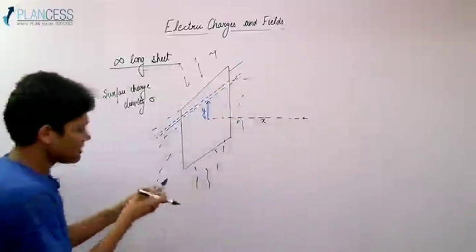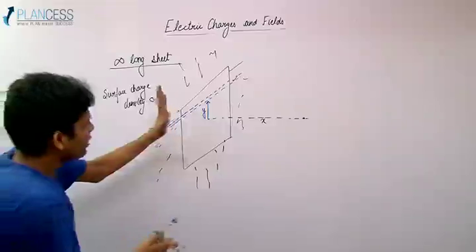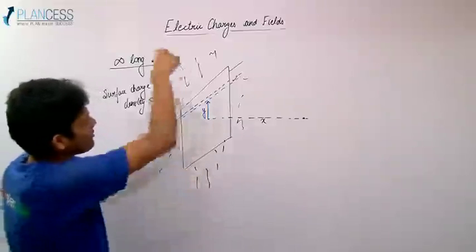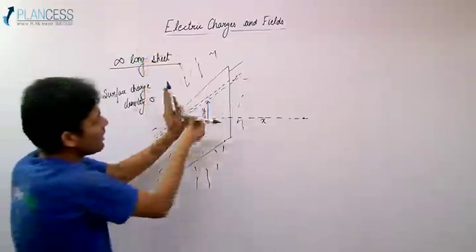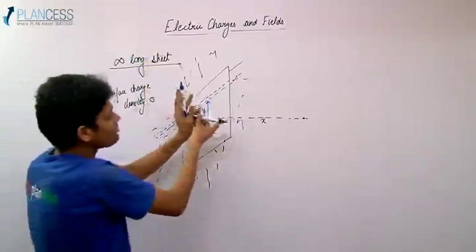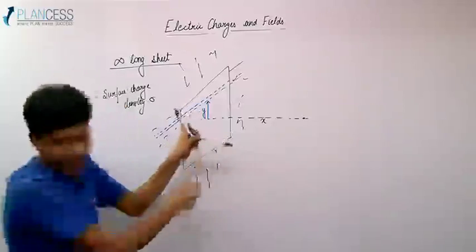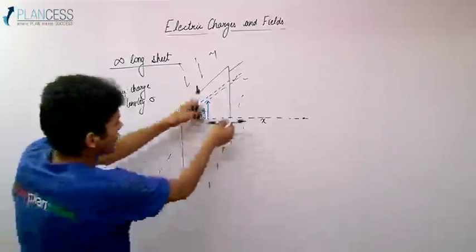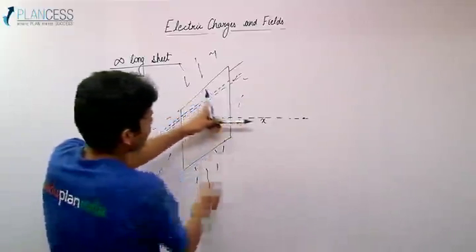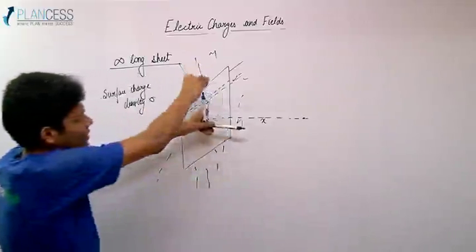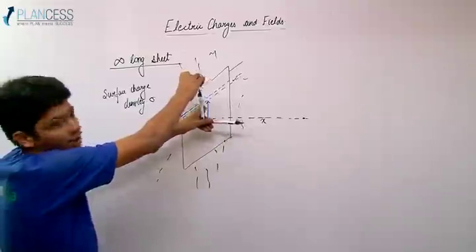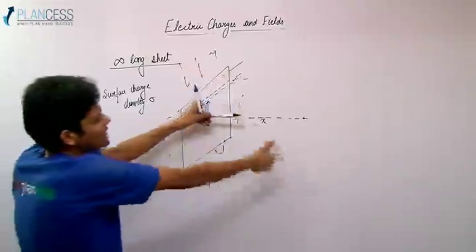So you can see that if this is a sheet, this is distance y, somewhere here is the infinitely long wire, and here is our point x. So the electric field exerted by this infinitely long wire at that point would be in this direction.